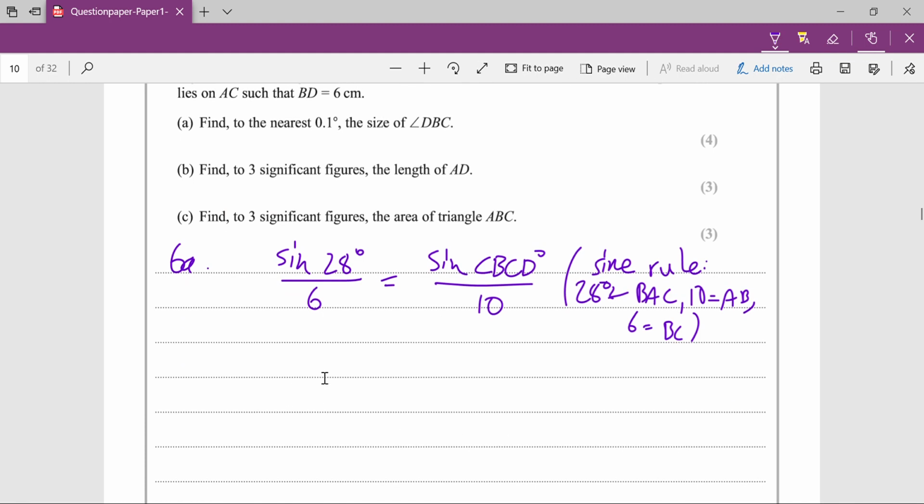And finally we get that sine BCD would be, well, when we multiply both sides by 10, we'll get 10 over 6 sine 28.